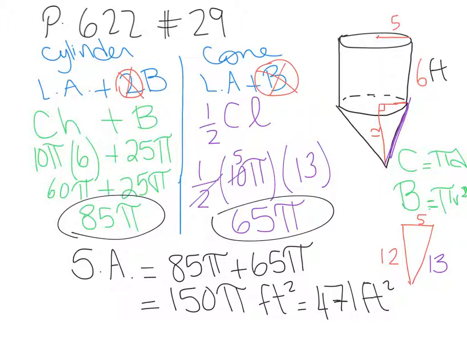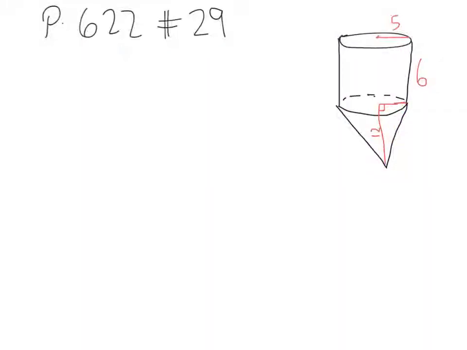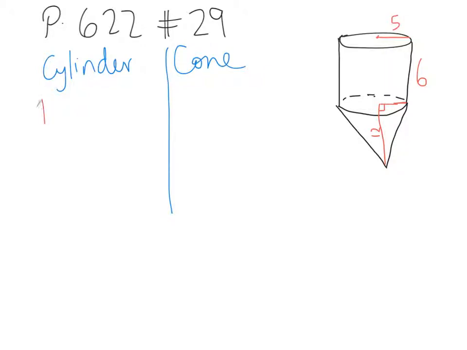Okay, let's do the volume. So the volume of the cylinder, I know that the volume of a cylinder is the area of the base times the height. I know that the volume of a cone is 1/3 the area of the base times the height of that cone.